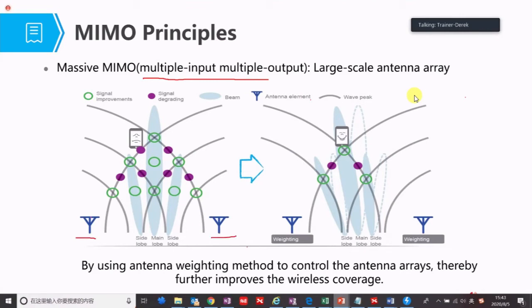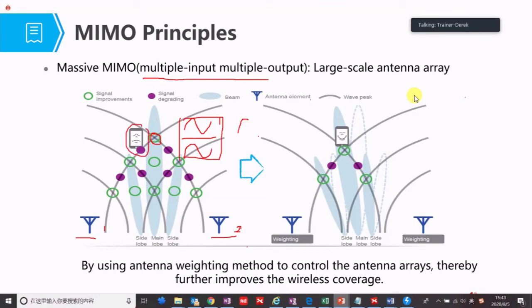Actually, we can see this picture, these two antennas, antenna 1 and antenna 2. Both antennas send the signal to the UE. When the UE gets the two signals and they are in the same phase, like this one, this is antenna 1 sending signal 1, and this is signal 2. These two signals are in the same phase, so it can enhance the signal power, and the UE can get a good signal quality.